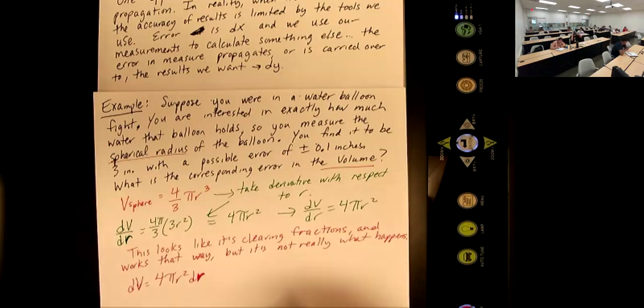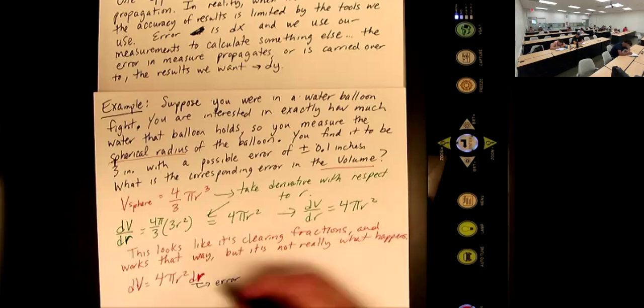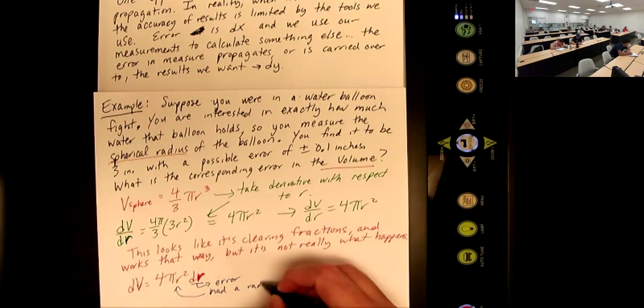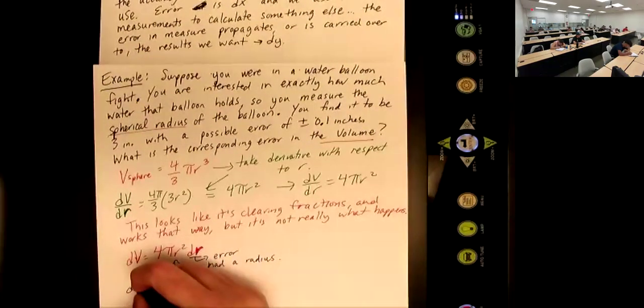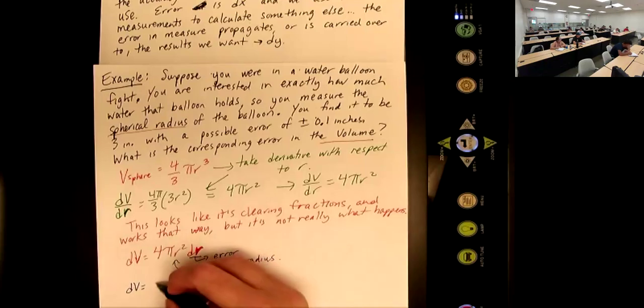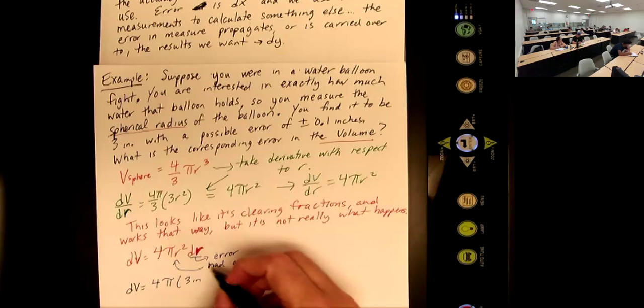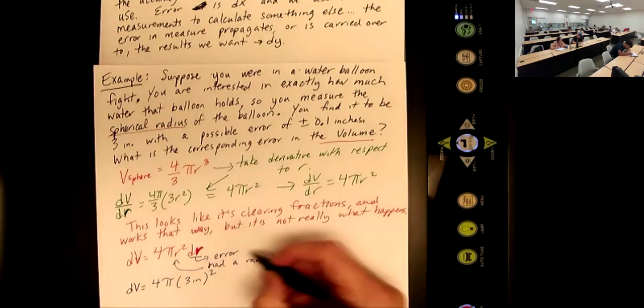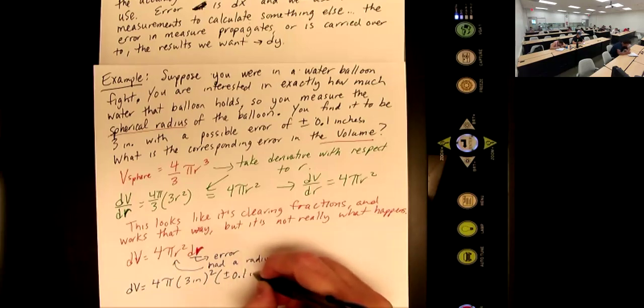So this was our differential, our error. And we had a radius, so we can calculate dV. r was 3 inches, we're squaring that, and dr is plus or minus 0.1 inches.